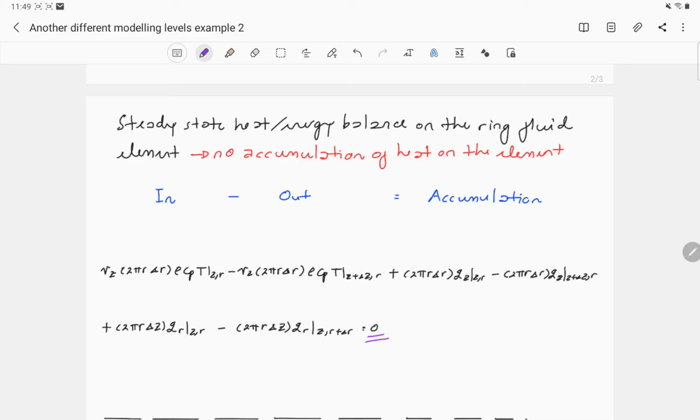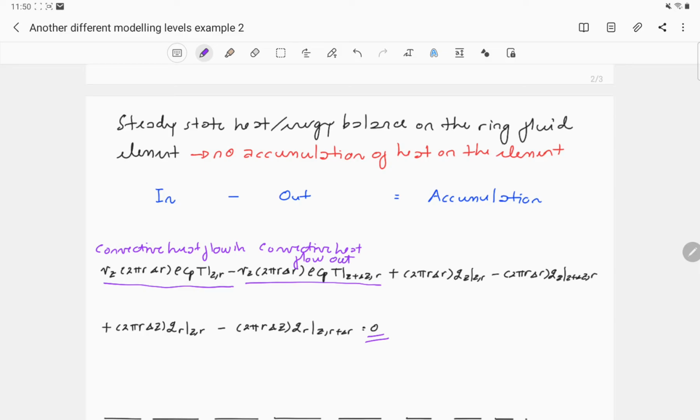Okay, so after establishing everything here, now we can start. The first term is the convective heat flow in. So this refers to this particular term here. Okay, and then this term here is the convective heat flow out.